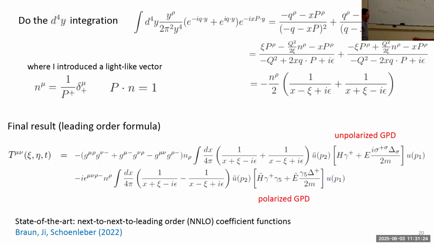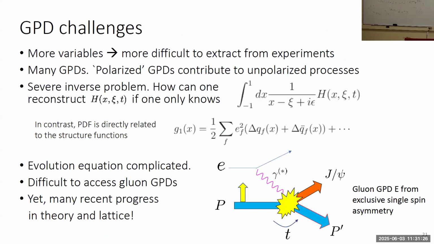So that's another complication. And also there is a severe inverse problem. This is what you get from experiment. This is the Compton amplitude, and you can see this is integrated over x from -1 to 1. Suppose you extract this from experiments, how do you reconstruct this function?